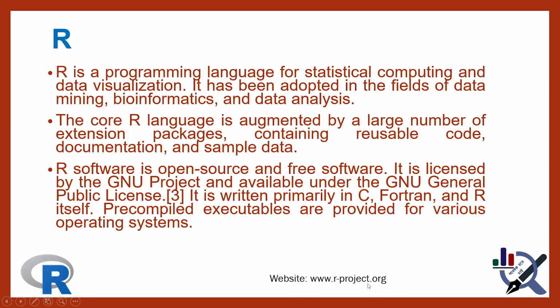You can download from this website, install it, and run it on your Windows. And if you want to analyze your data by statistical analysis, you can install R software and check your data with this software.